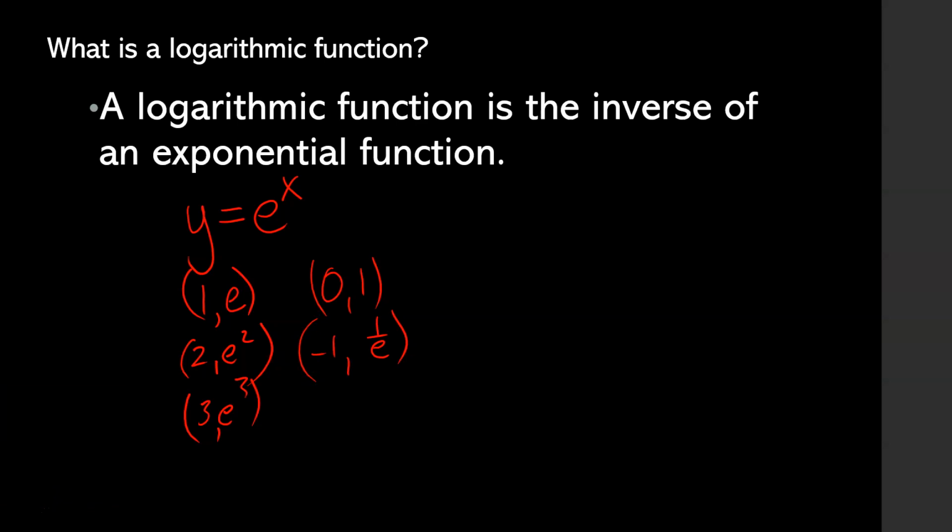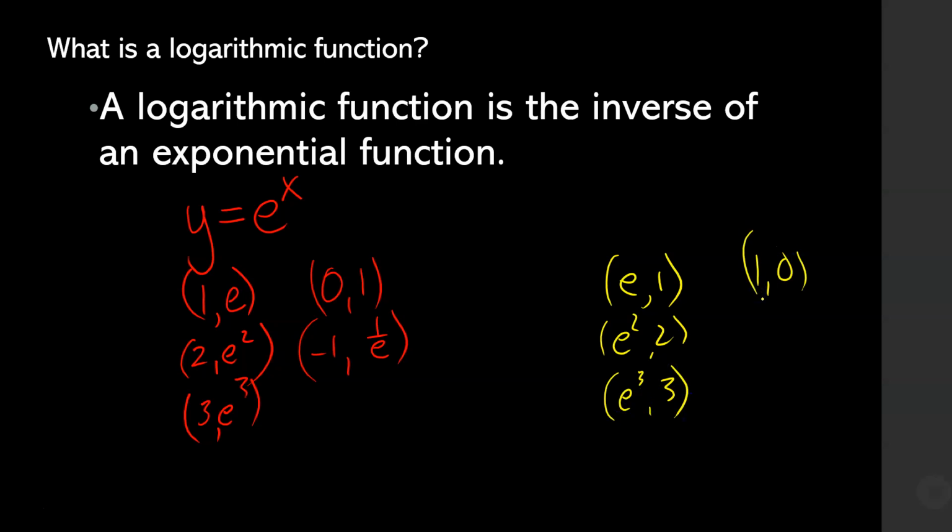The inverse of e to the x has all these ordered pairs, but with x and y reversed. There's some graph that has the ordered pairs e, 1; e squared, 2; e cubed, 3; 1, 0; 1 over e, negative 1. That function, I'm sure some of you remember, is natural log of x.